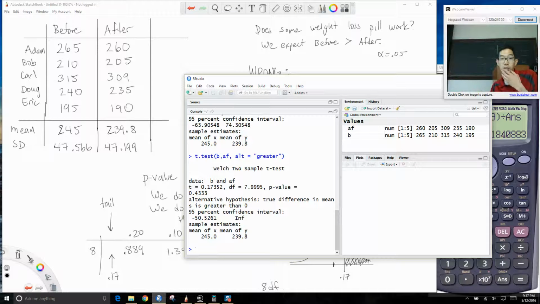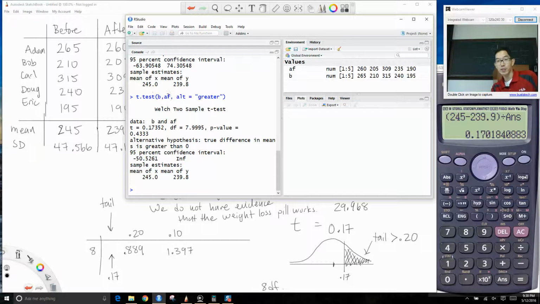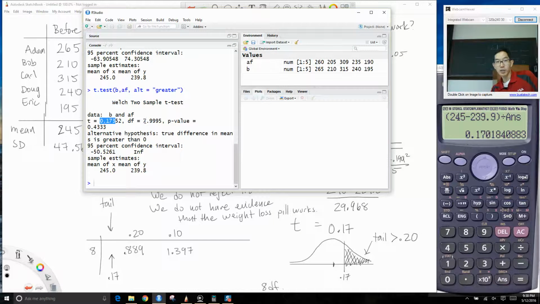I fed it the data, the before and the after, and the test statistic t is equal to 0.17. This matches what we have here. Degrees of freedom is very close to 8. We used the approximation of 8, and they're calculating something a little bit different, and they're getting a p-value of 43%. Then our alternative is that the true difference in means is greater than 0.